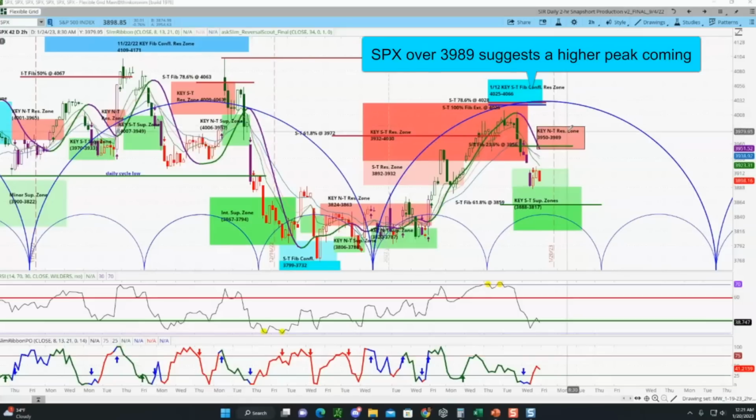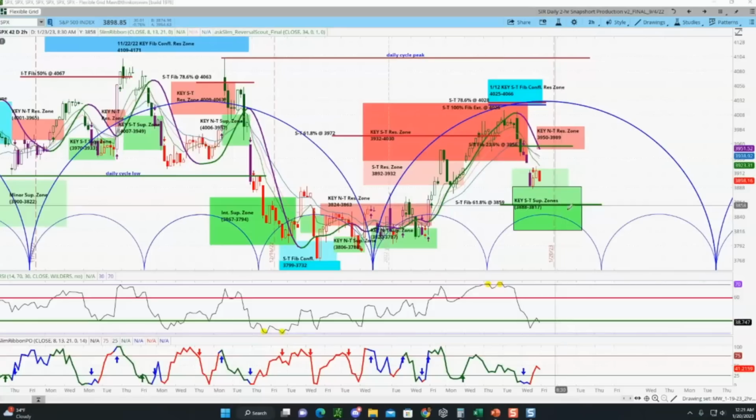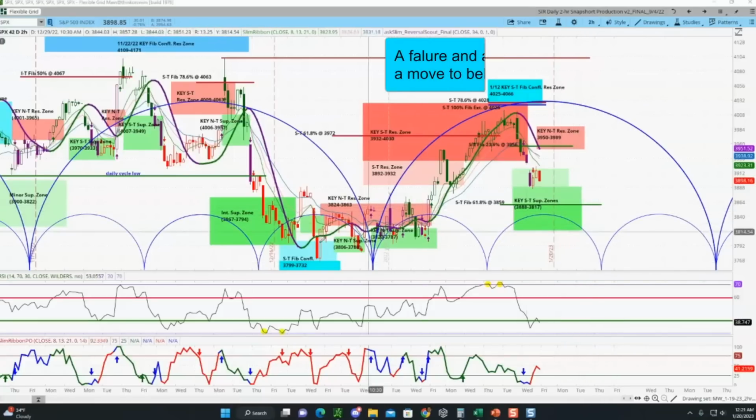If the SPX fails to resume this upside advance and closes below the short-term 61.8 right here, this would open the door to some additional downside risk, including a revisit or break of the prior daily cycle low, which was over here.